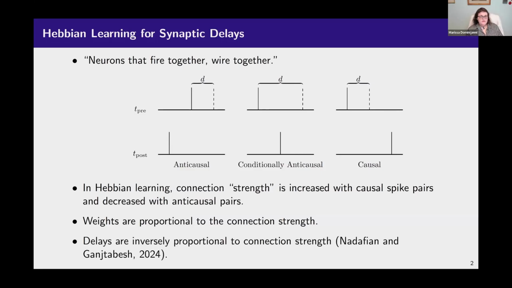For delays, though, we're building off of some work from Nadafian and Gantanabish to say that here we're treating delays as inversely proportional to connection strength. Especially tying into what was just talked about, there's a certain intuitiveness in this, such that the larger the delay is, the more remote something is, which we can think of as the degree of proportional to strength.